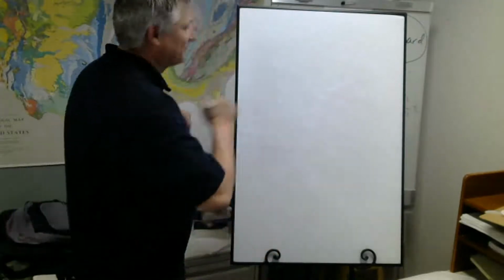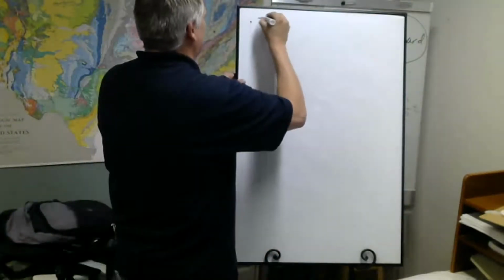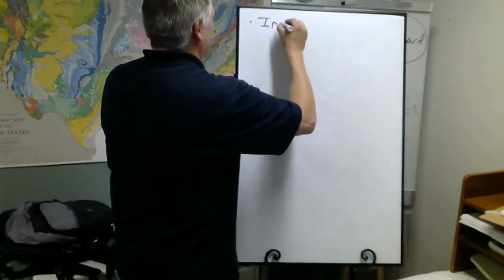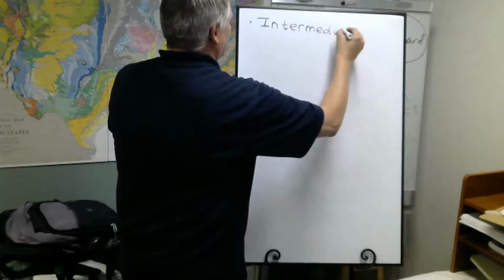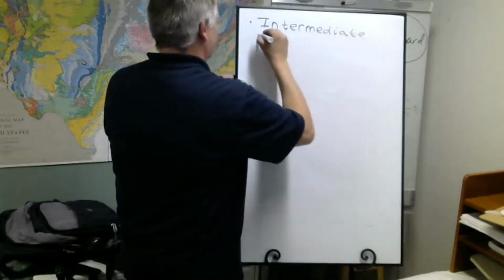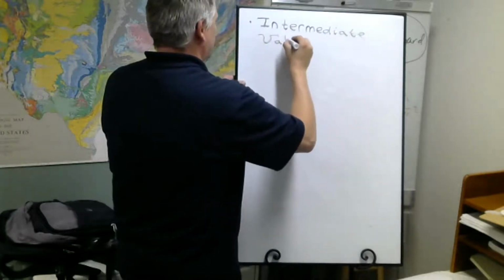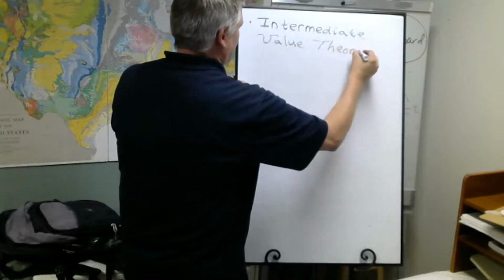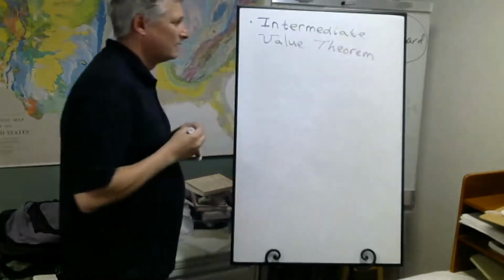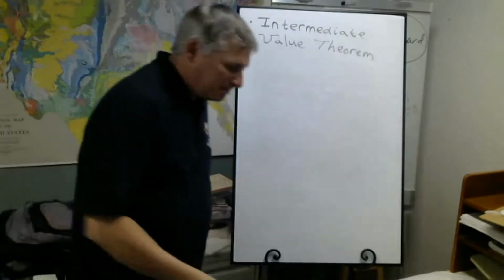And this is called the intermediate value theorem.